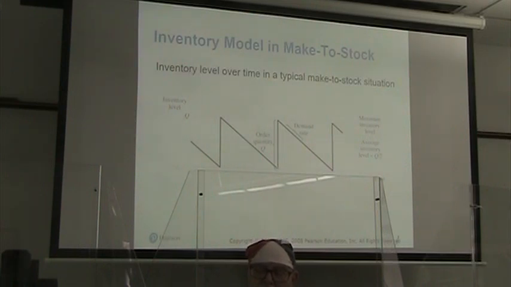So our order quantity is this amount here. The demand rate is exemplified by the slope of the line here. So this is our maximum inventory level. This is our average inventory level. And down here, this is no inventory at all.